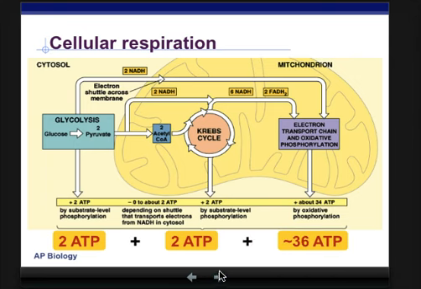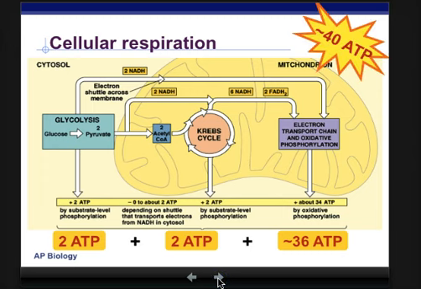Okay. Plus about 36 ATP from the electron transport chain and oxidative phosphorylation. So all in all, from one molecule of glucose, we get around 40 ATP. And the reason it's approximate is because it doesn't always come out exactly the same.